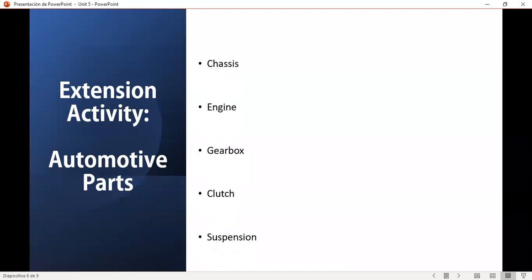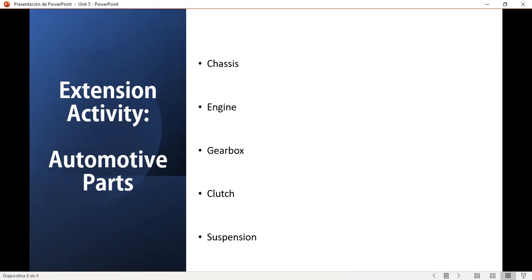Well, in this case, chassis is the skeleton of the car, the main structure of the car. It's one structure of metal that is the principal component of the car, a piece that supports.